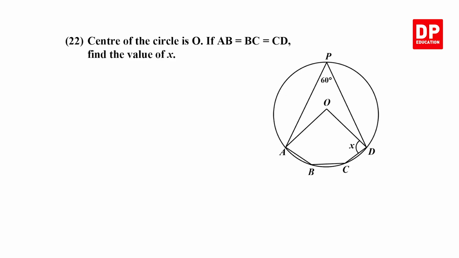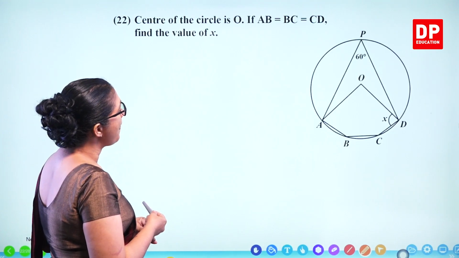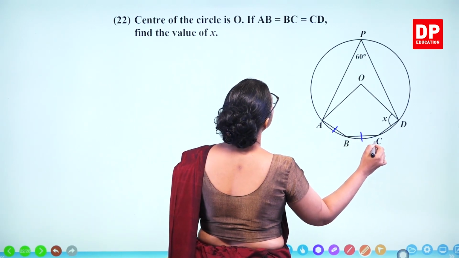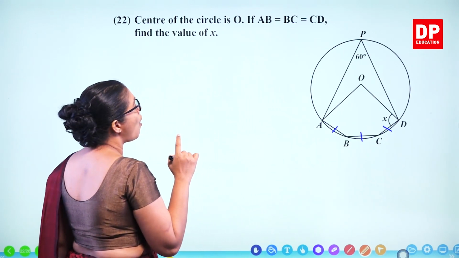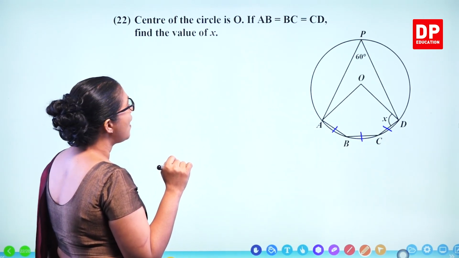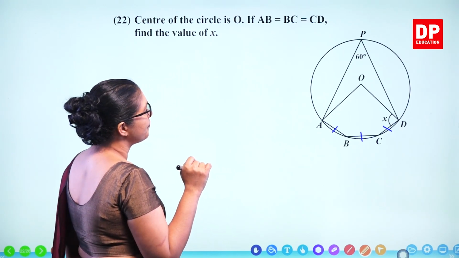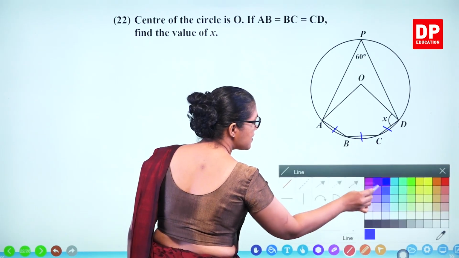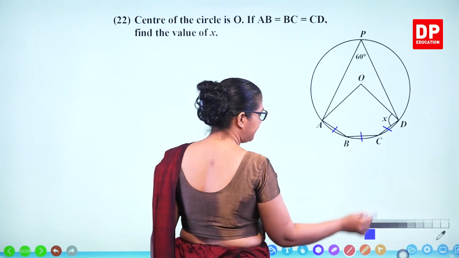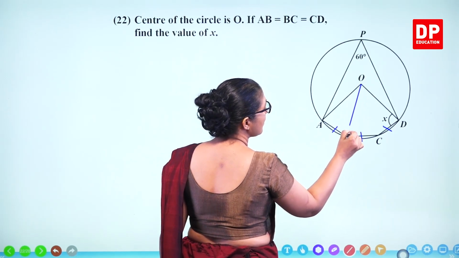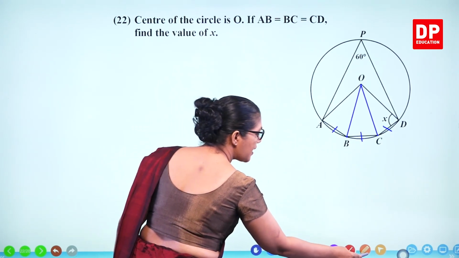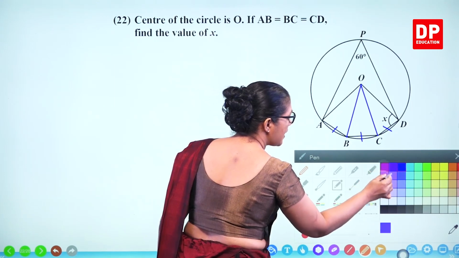Question number 22. Center of the circle is O. If AB is equal to BC is equal to CD, all these lengths are equal. Find the value of X. So here, if you draw triangles here, what can you say about this? I'm connecting these triangles. Now look at the diagram.